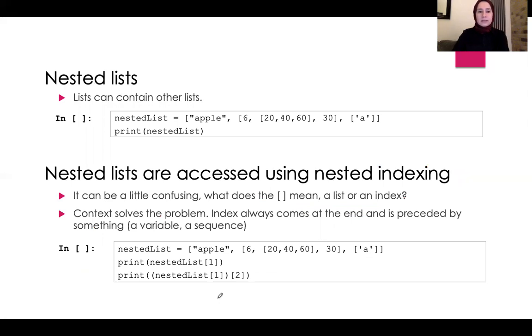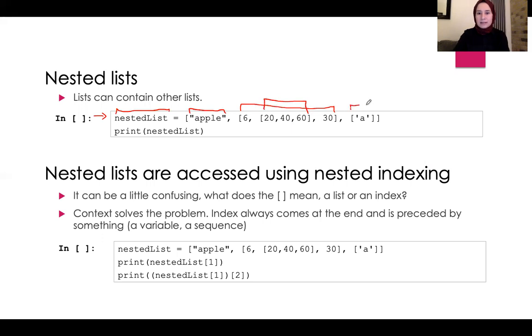So we will look at nested lists now. A list can contain other lists inside it, right? And we basically call them nested lists. So let's look at this example here. We have a list defined here, and it has different elements in it. The first one is a string, then there is a list here, and there is another list inside this list as well.